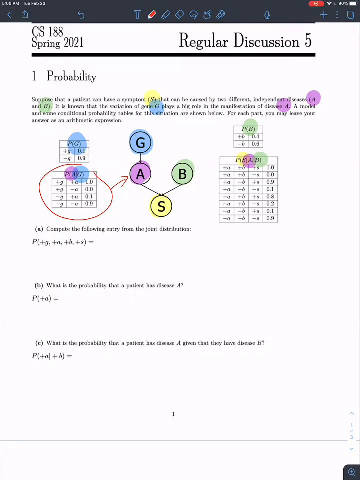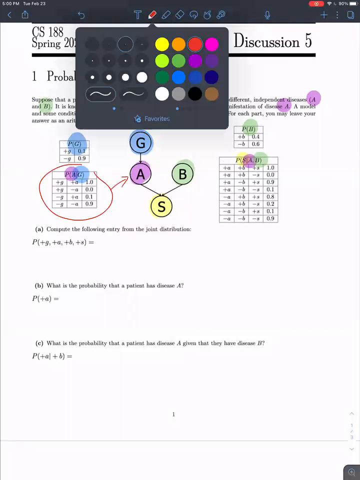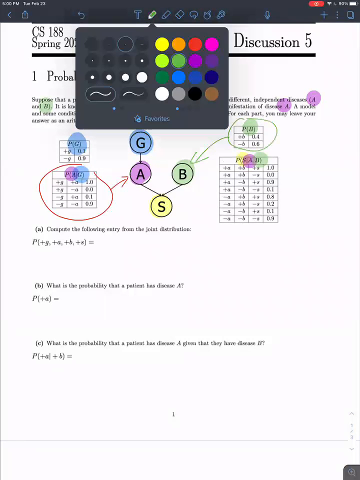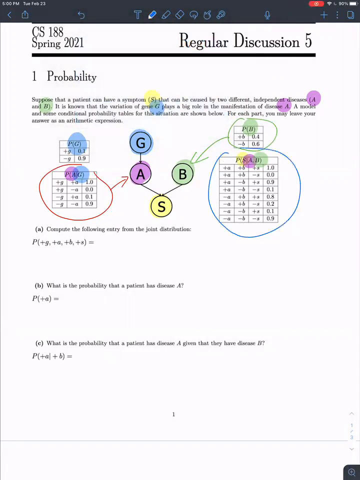Well, that's given by this table here for each value of A and G. The probability that you get B at all, which is independent of whether you have A or G, is 0.4 that you do, 0.6 that you don't. And then finally, we get this big table here, which is the probability that you get the symptom, given whether or not you have A and whether or not you have B.